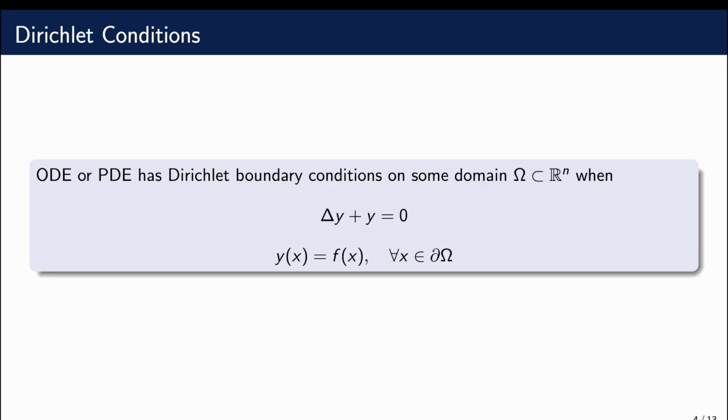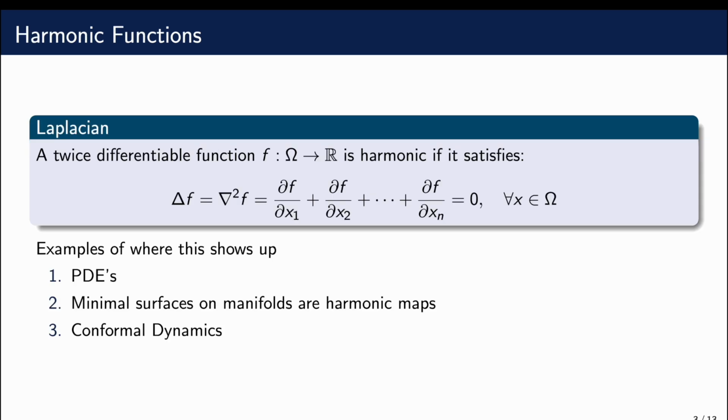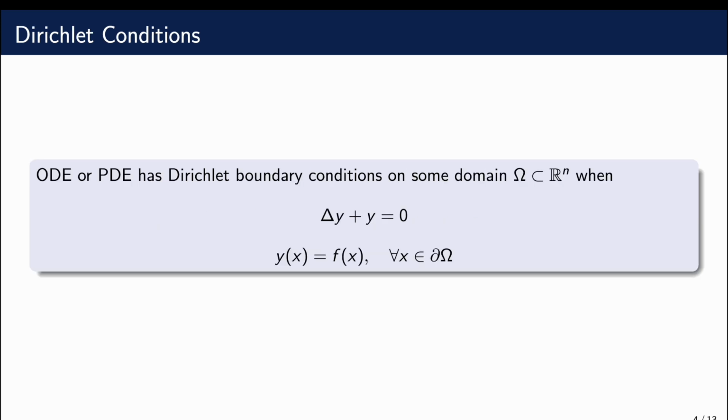And the last bit when talking about the harmonic measure is Dirichlet boundary conditions. Since you have the harmonic functions, it's a PDE, so to get a sensible, unique solution you need to specify boundary or initial conditions. In this particular case, we're looking at Dirichlet boundary conditions.